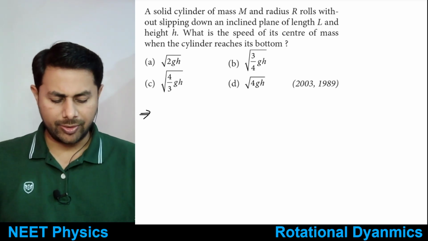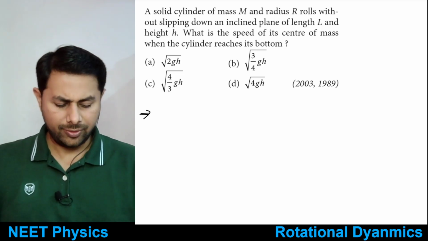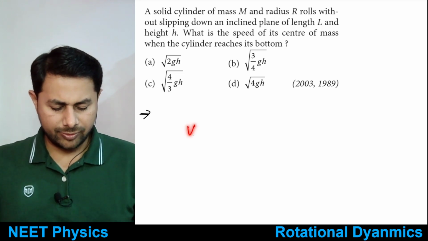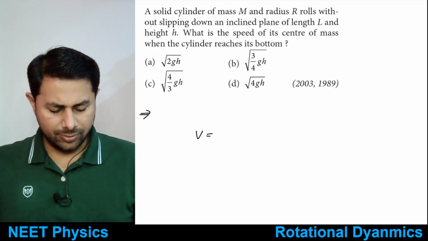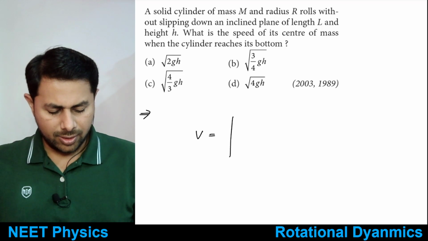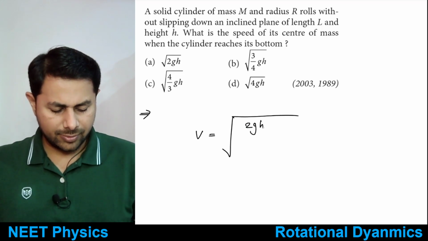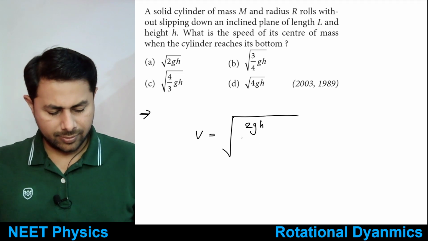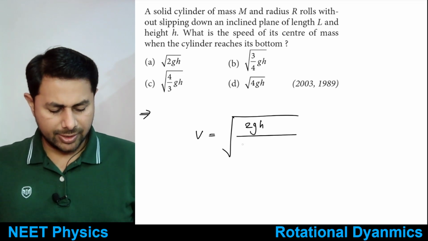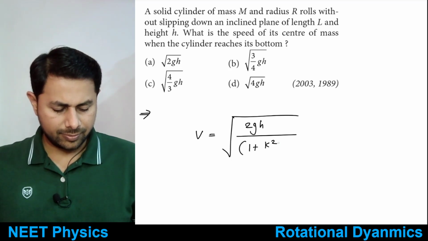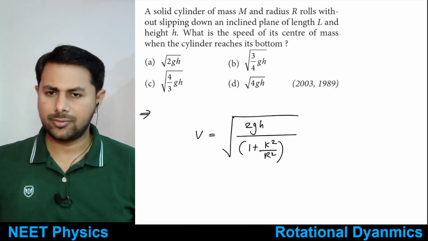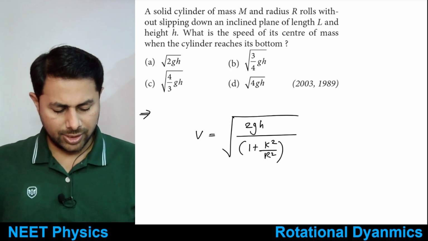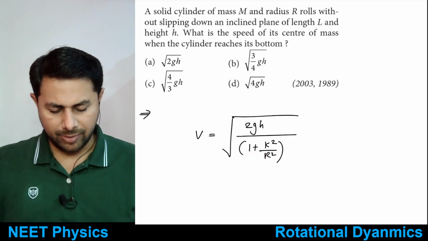Just write down the formula. Velocity of the cylinder is equal to the square root of 2gh divided by 1 plus k square by r square, the rolling factor.